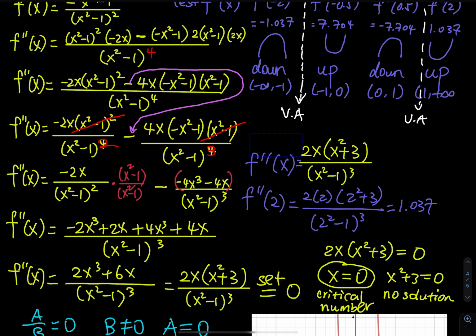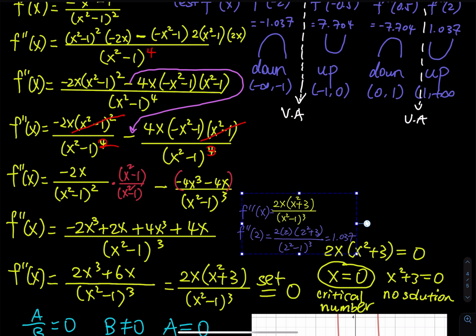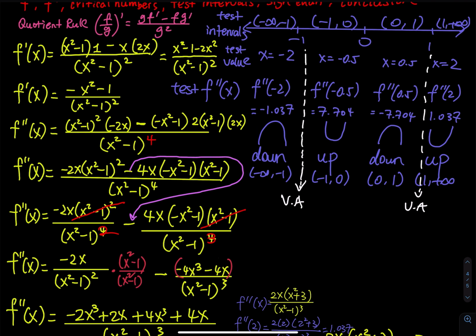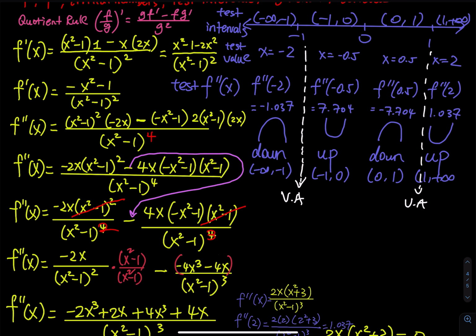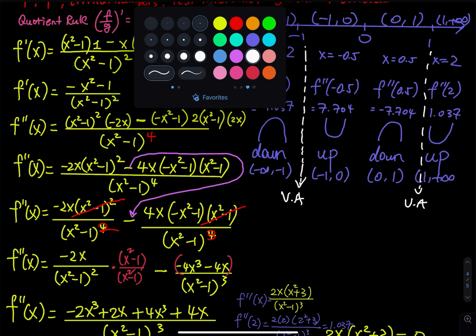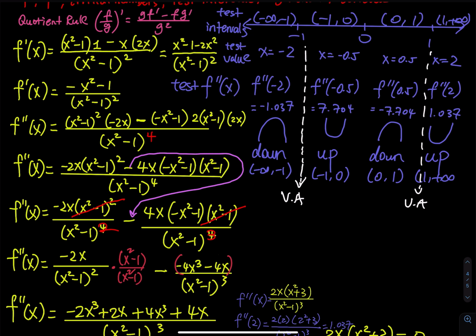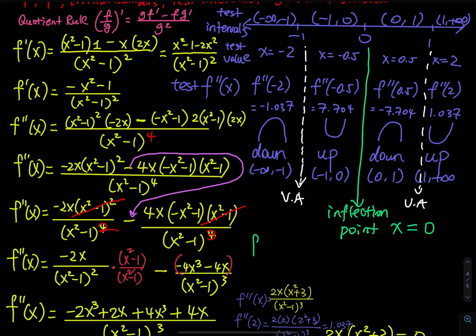Actually, I'm going to shrink this and put it right here so I can draw my conclusion. So this is my inflection point at x equals 0, and then to find the y coordinate, you plug this into the function f.